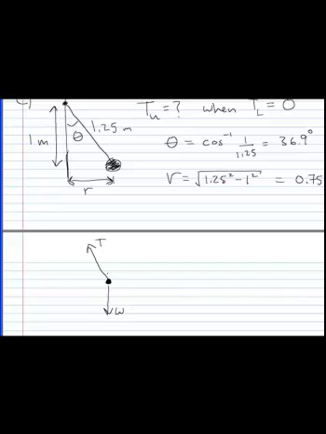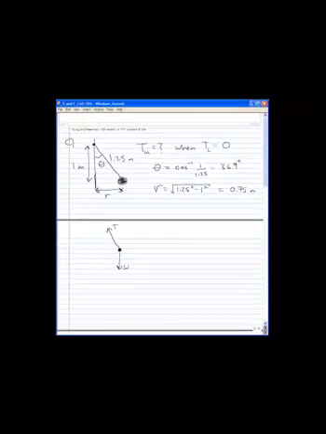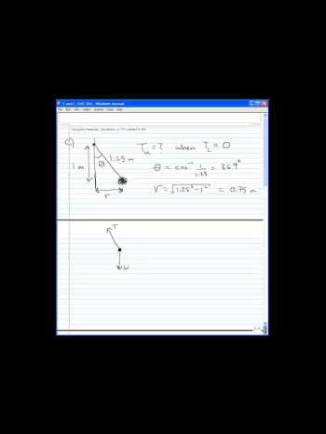Gravity. Once I've got my free body diagram, I've got to decide how I'm going to break up these vectors. What coordinate system am I going to use? And I need to find the components of these vectors in that coordinate system. We always choose one of our coordinate directions to be in the direction of the acceleration.